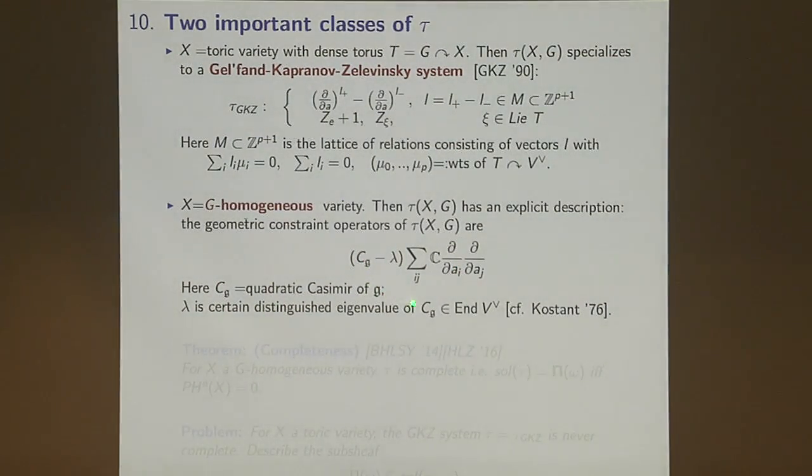Now it turns out that this operator, the quadratic Casimir, acts diagonalizably, and there's a distinguished eigenvalue such that if you project it out, what remains gives you precisely the space of generators of the constraint operators of tau. And with a little bit of work, this actually just follows from a very old unpublished result of Borel-Costant in '76.